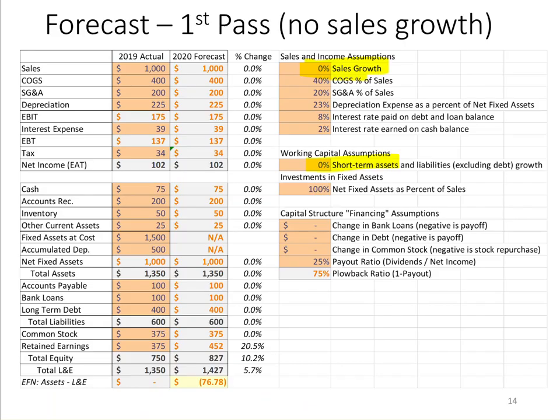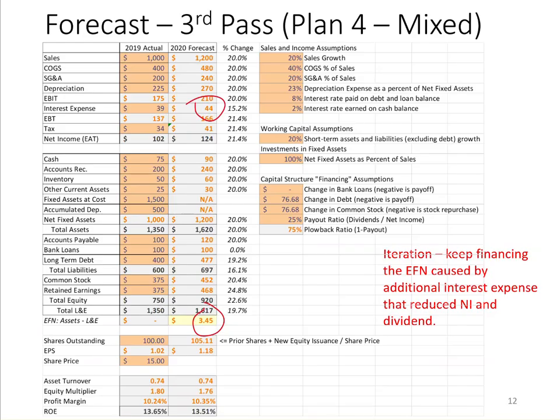All right, so that is my EFN and pro forma financial statements and forecasting them. This whole process of determining what is my sales growth, how am I going to finance it, is my factory big enough to support that sales growth, and what are those fixed assets going to need to be, is a financial decision, but it's being done at the highest level.